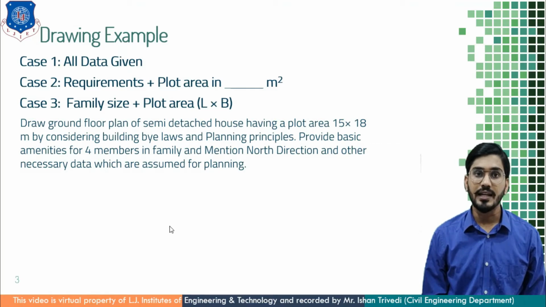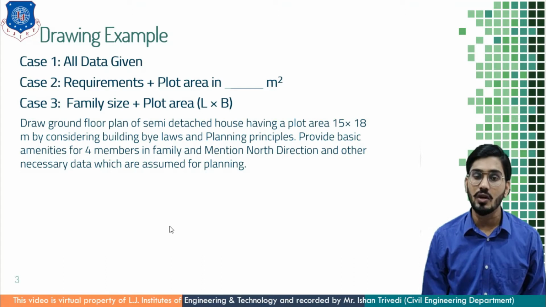A couple and 2 children, or 2 couples. So it can be anything. You have to assume everything and design a ground floor and plan it. Here the only thing given is to mention the north and other necessary data which are assumed for planning. So this is also a point of consideration.